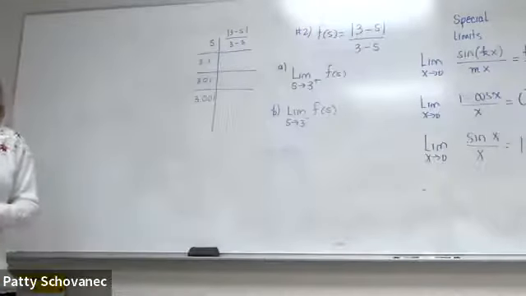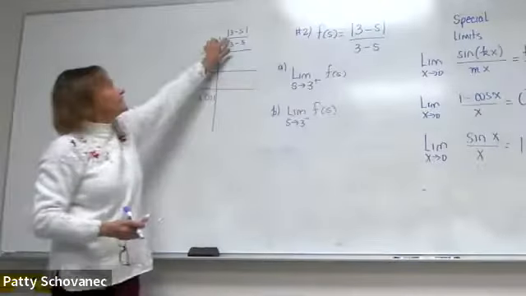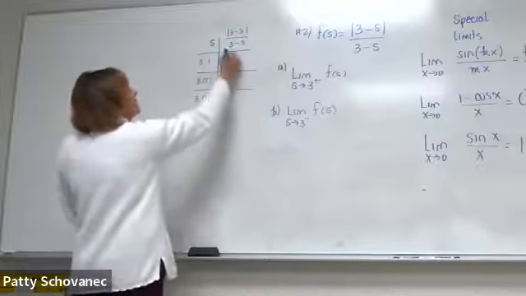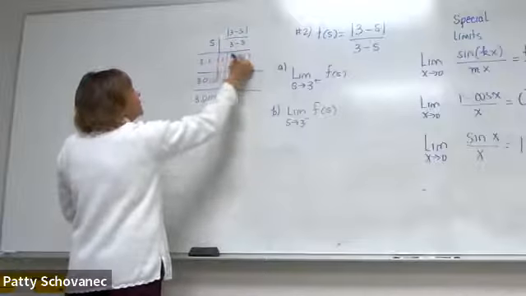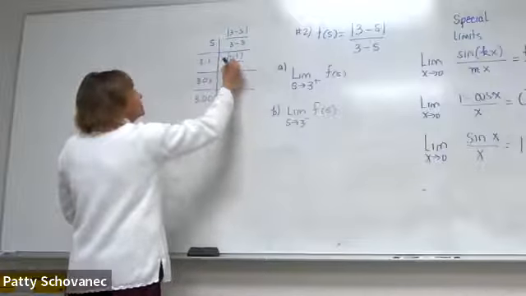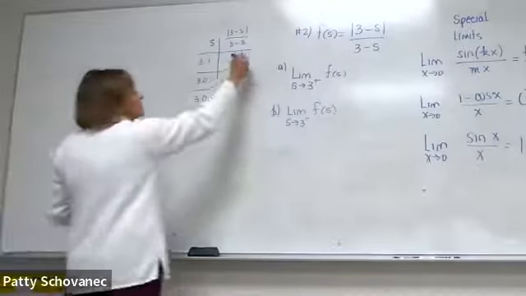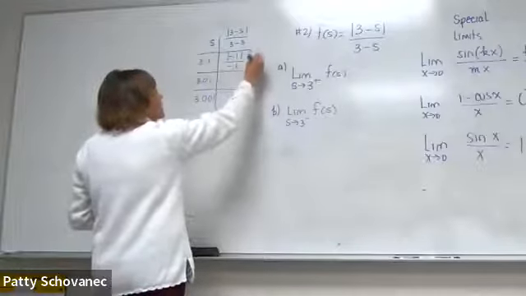And I think you can do these without a calculator, right? With 3.1, 3 minus 3.1 will be a negative 0.1 in the absolute value bars. On the bottom, I have that same difference, but without the absolute value bars. So I'm going to get a positive 0.1 over a negative 0.1, which is a negative 1.